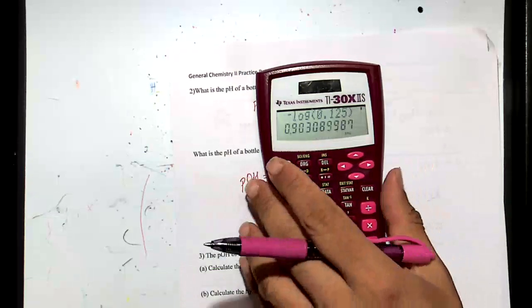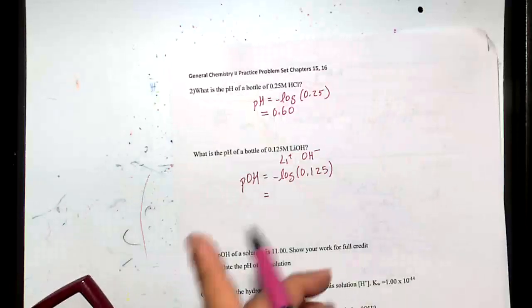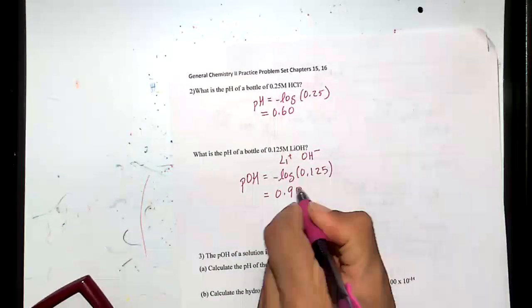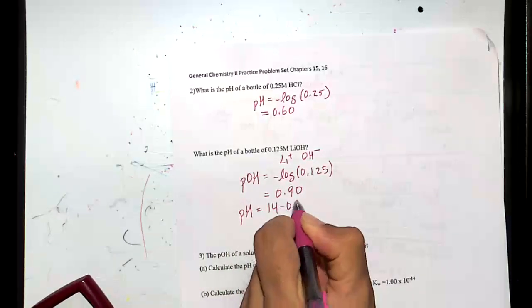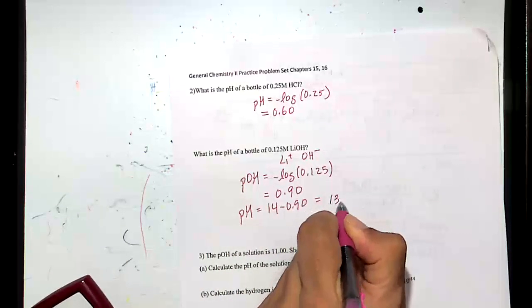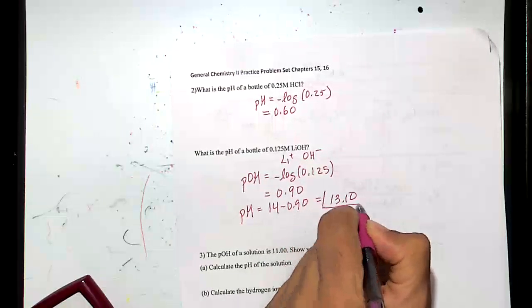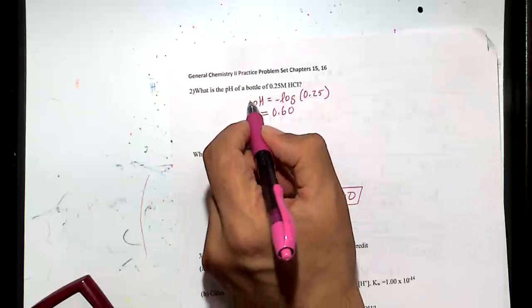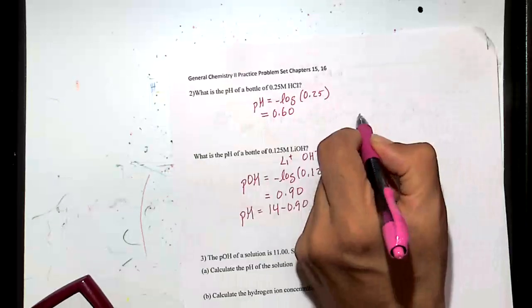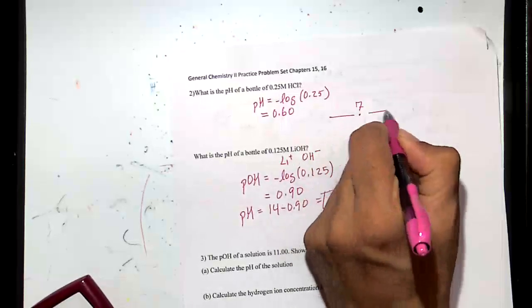I'm getting about 0.90, but this is not the answer. What is the answer? 13.10, a very basic pH. 0.60 is a very acidic pH, because remember 7 is neutral.